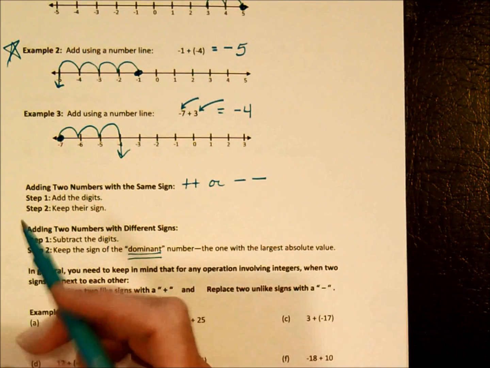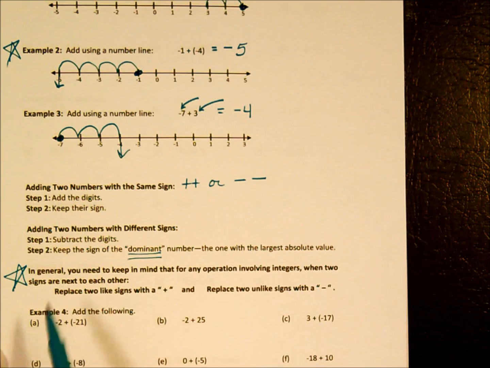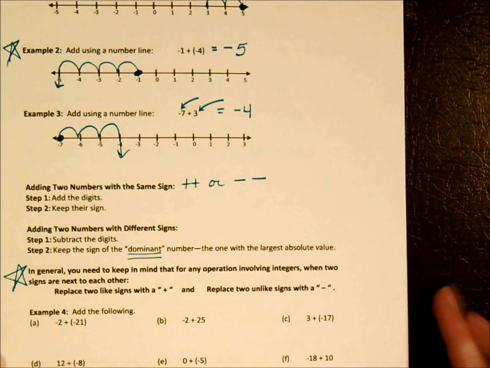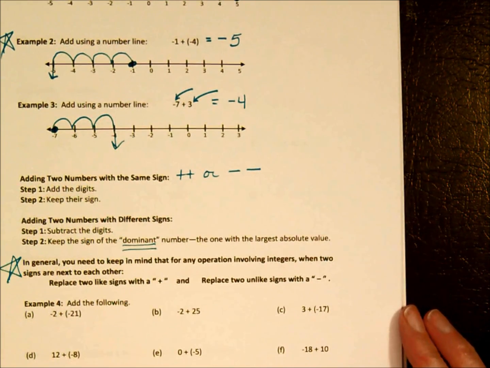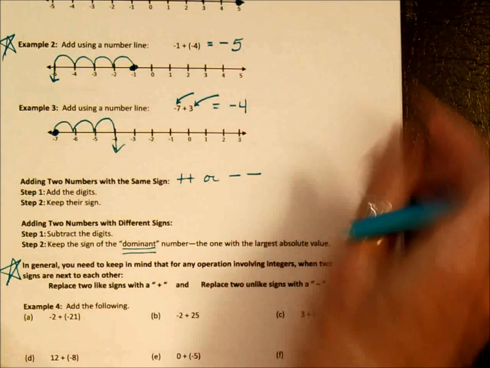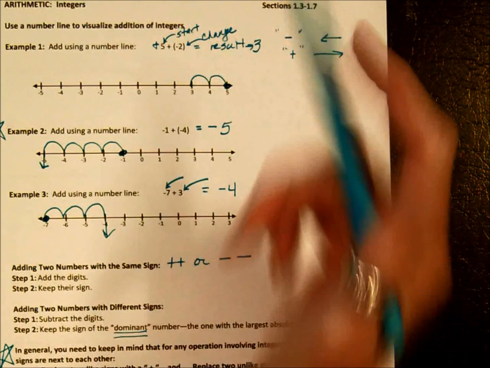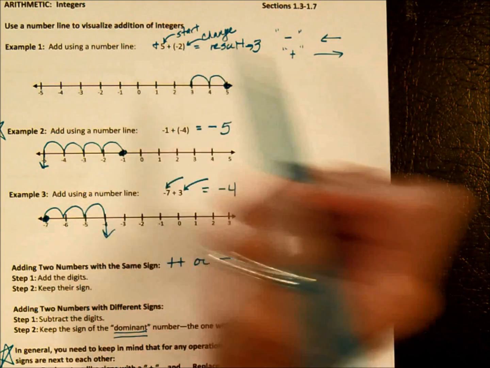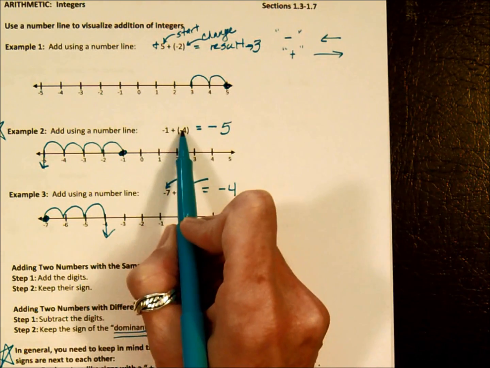This is a very important statement right here. In general, you need to keep in mind that for any operation, add, subtract, multiply, or divide, when two signs are next to each other, like at the top when we had plus, minus, and here we have plus, minus.